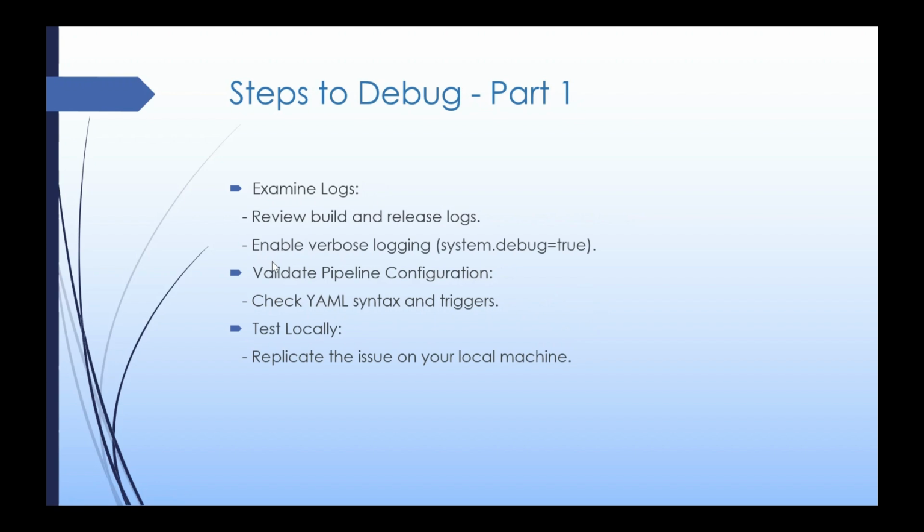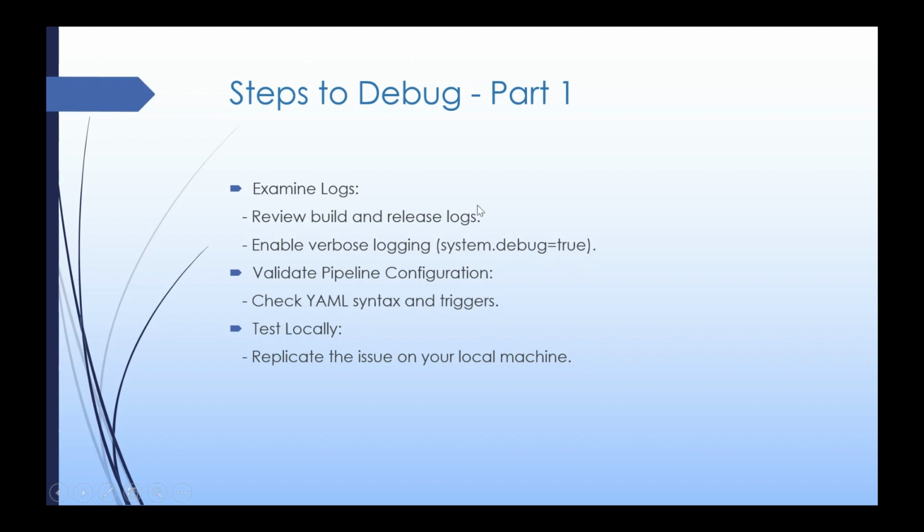Okay, now we have seen the problems, but we need to see how to debug them as well, right? So the first one is to examine logs. Make sure you are checking all the logs, reviewing build and release logs, and to get logs properly, you can enable verbose logging with the variable system.debug equal to true.